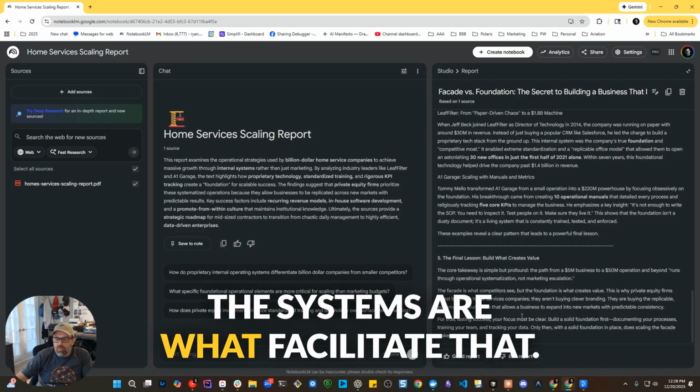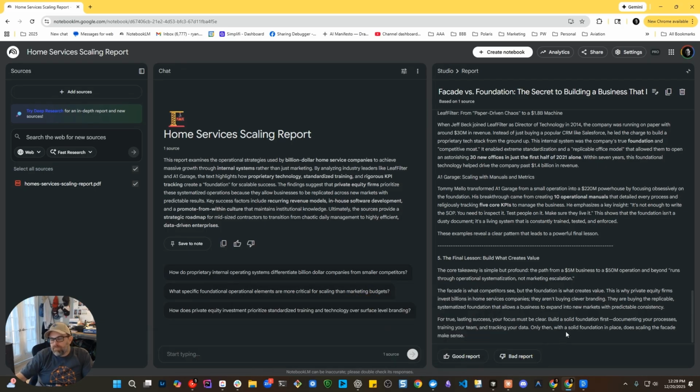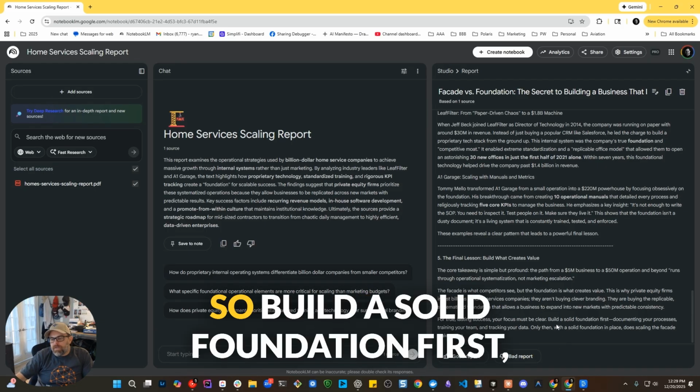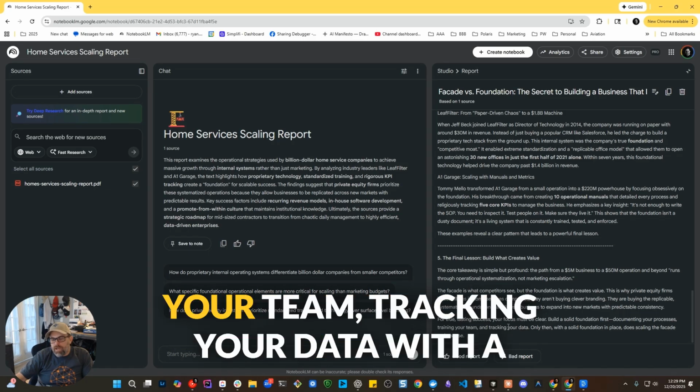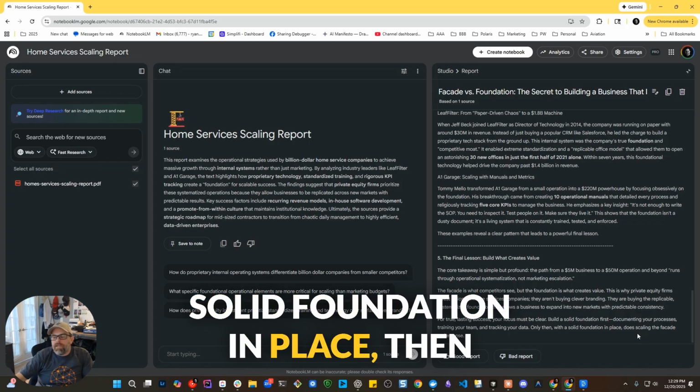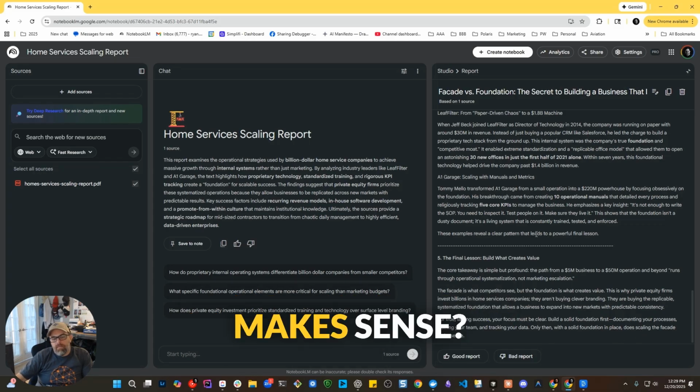The systems are what facilitate that. So build a solid foundation first, documenting processes, training your team, tracking your data. With a solid foundation in place, then scaling the facade makes sense.